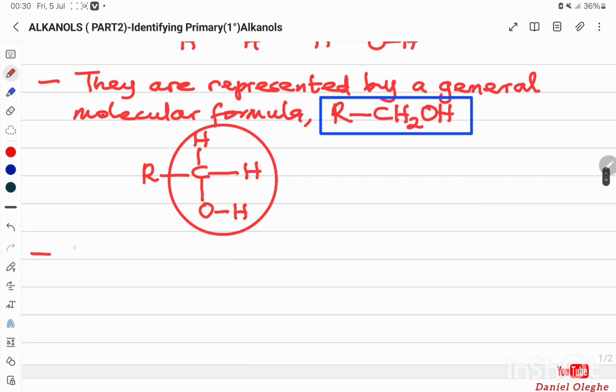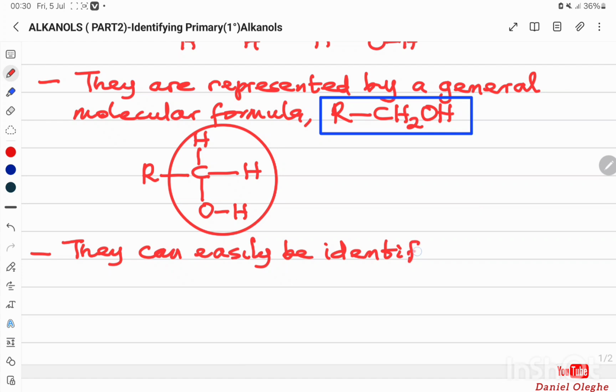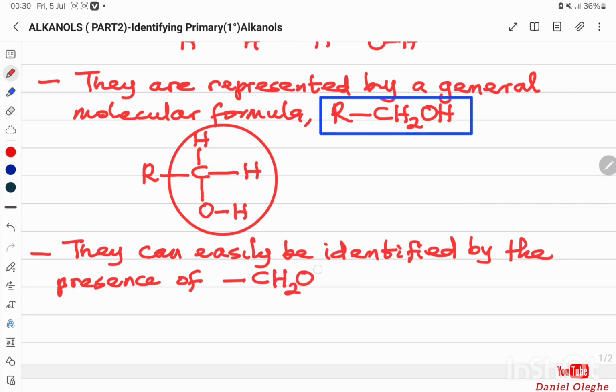So I can say also that primary alkanols can easily be identified by the presence of the CH2OH in their molecules.